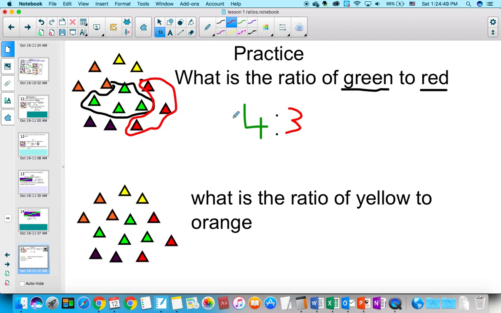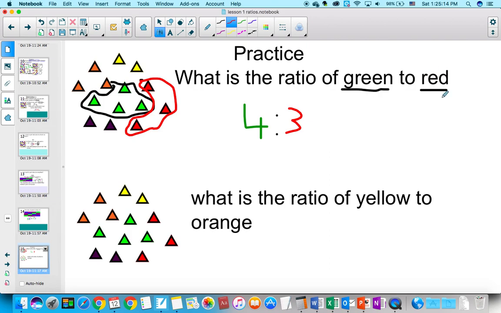And so this would be our ratio. And because it's part to part, the question's not asking you what is the ratio of green to the total number or green to the whole set. We're looking for green to red. We're looking for the green part compared to the red part, part to part. So it's a part-to-part ratio, and I don't need to show this as a fraction because I can't, right?